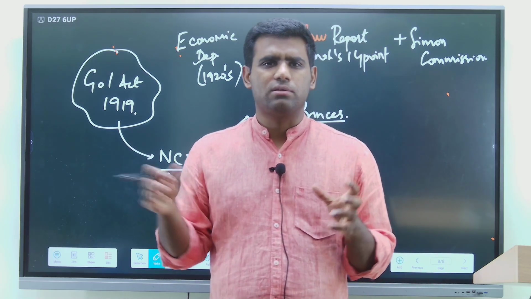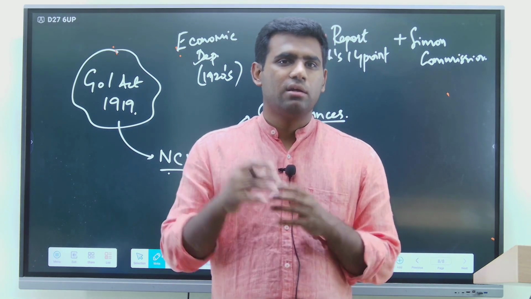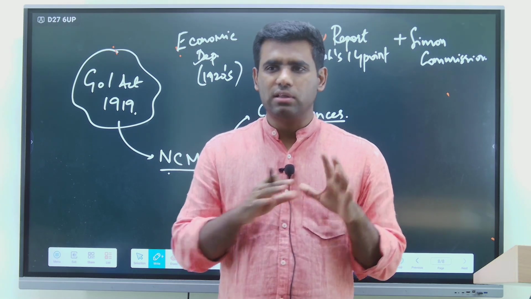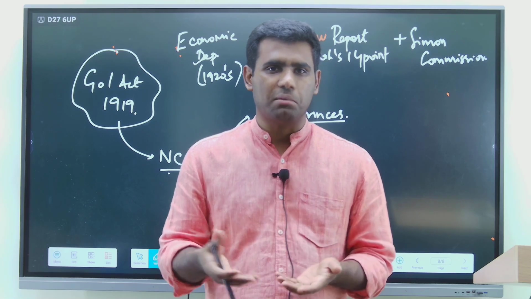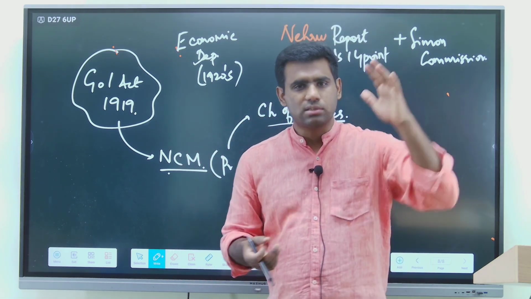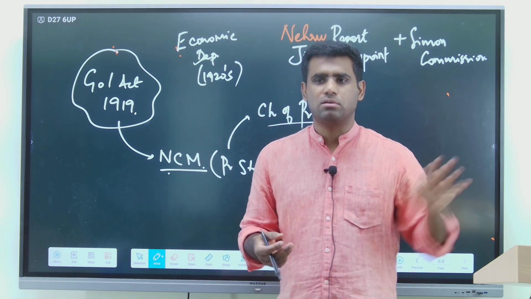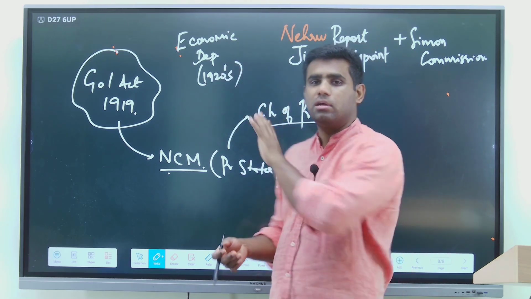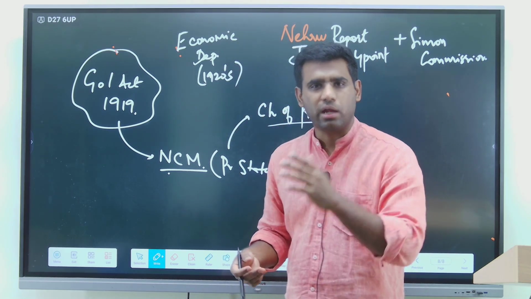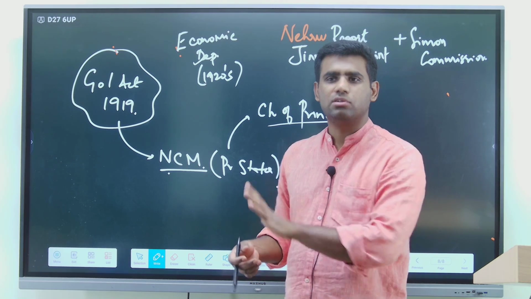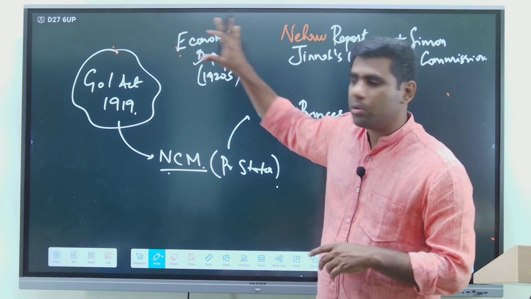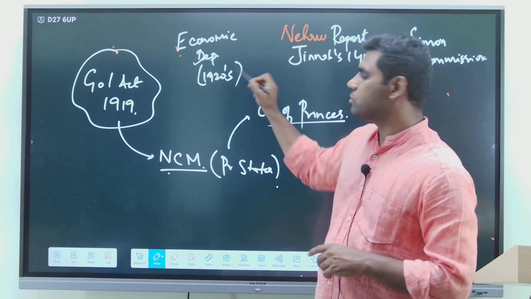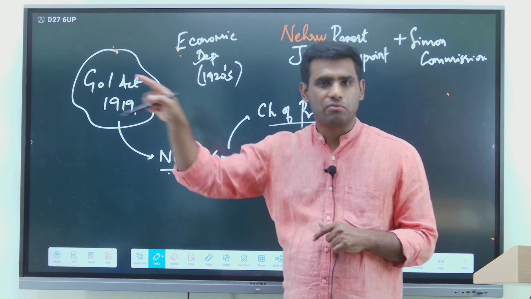A lot of capacities will be added during the course of the First World War, and all these capacities are now of no use because the demand is not going to be the same. So as a result, there is a slump in production, there is a slump in employment. The world gets into a recessionary period, but by 1929 the world enters into a phase of Great Depression, right? So the economic depression of the 1920s has its role in shaping the provisions of the 1935 Act.